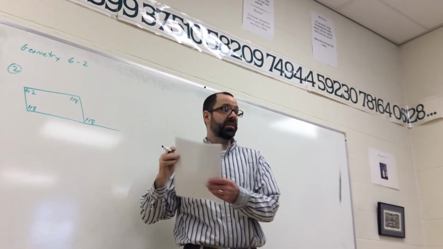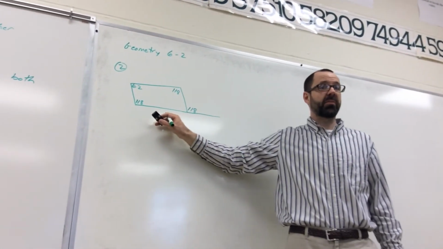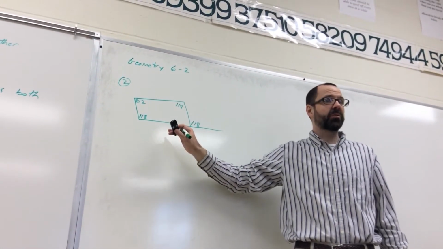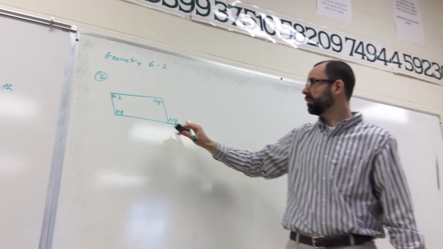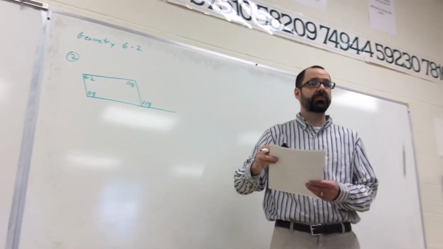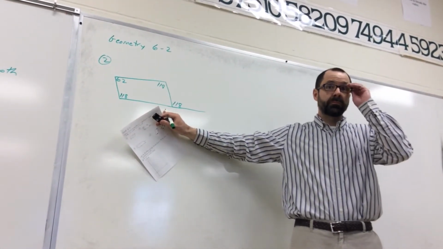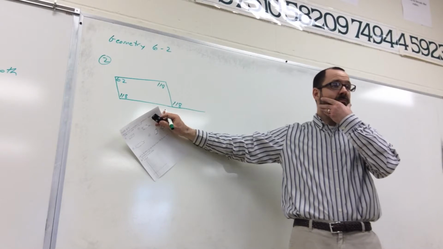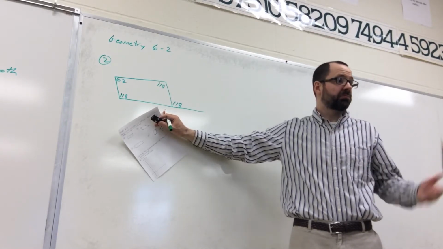And the question says, is this quadrilateral a parallelogram? And then if it is, explain how you know. So is this a parallelogram? Turns out it is. Okay, so we got to figure out how we know.